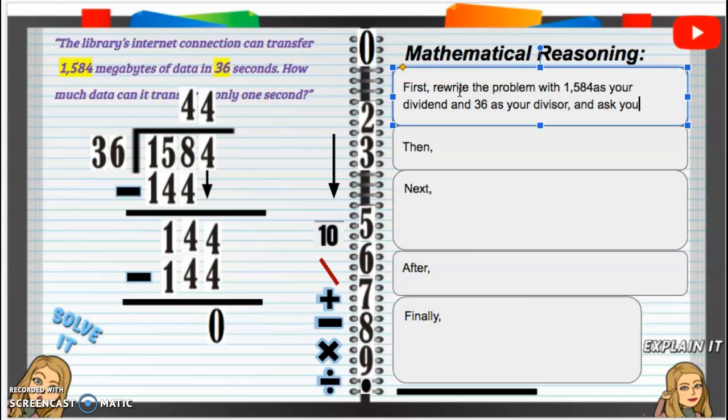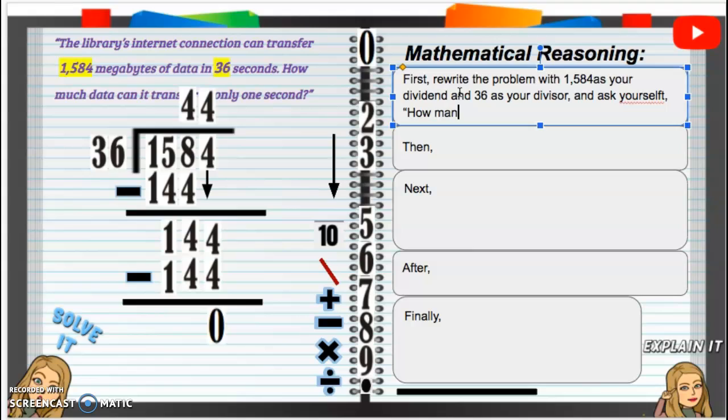And ask yourself, how many times does 36 go into 158?